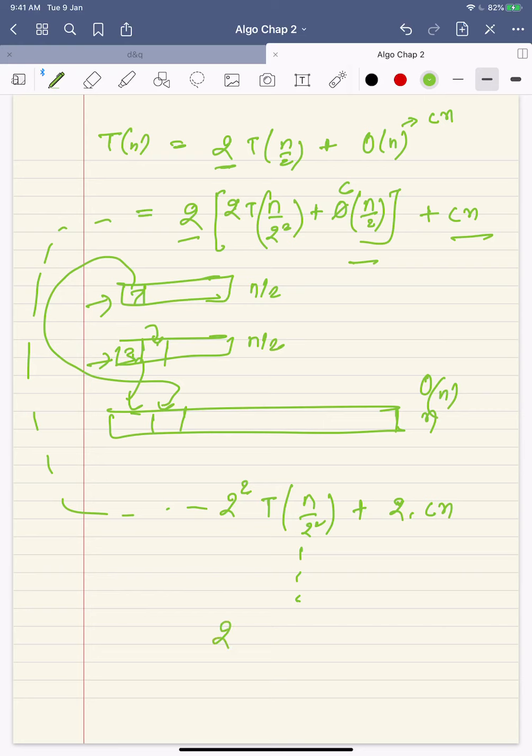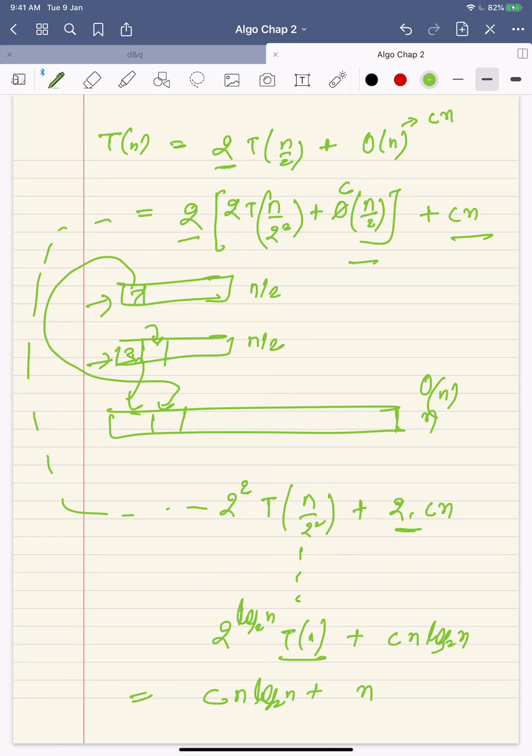So this will go to 2 to the power log n times T(1) plus, and there will be k terms here. So this will be Cn log n. In other words, that is Cn log n plus n times T(1), which is constant.